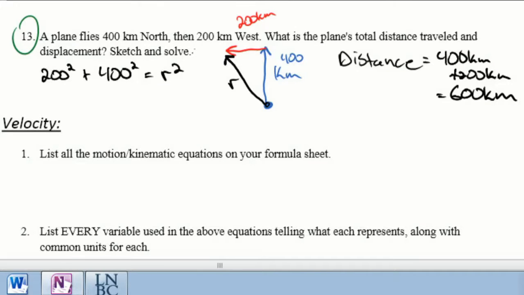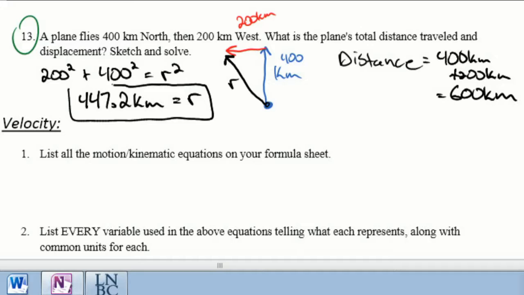I'll fire it into my calculator here. 200 squared plus 400 squared. And we're going to take the square root of the answer. So 447.2. There you go. So that is your displacement.